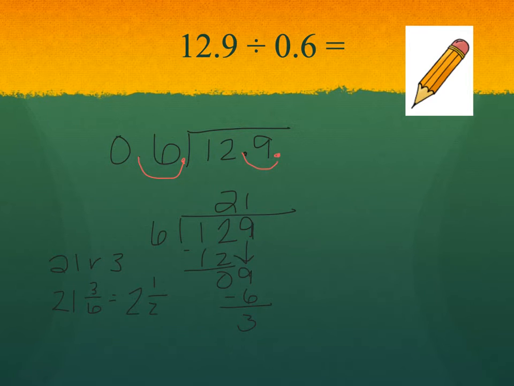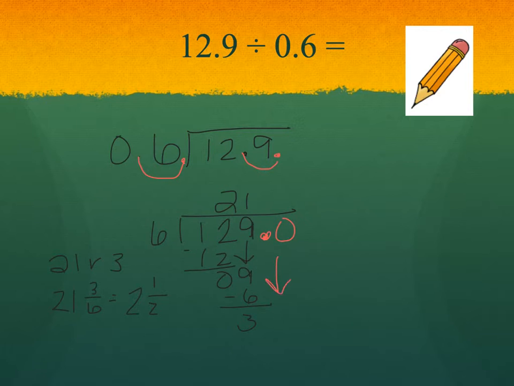But today, I want to add a 0 to my dividend so I can keep dividing. In order to do that, I need to add a decimal and a 0 because I don't want to change this to 1,290. I want to show 129, but with a 0 after the decimal.